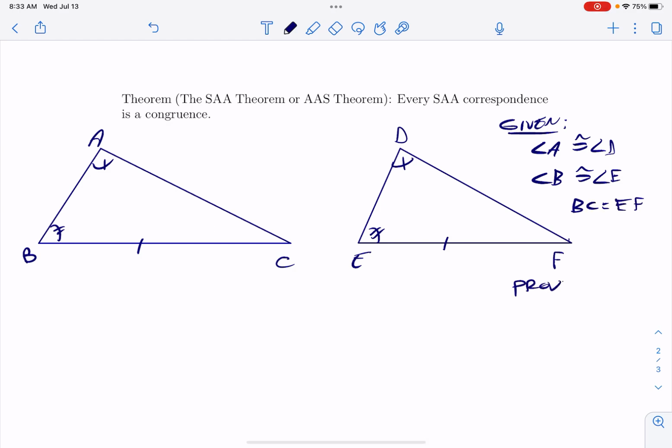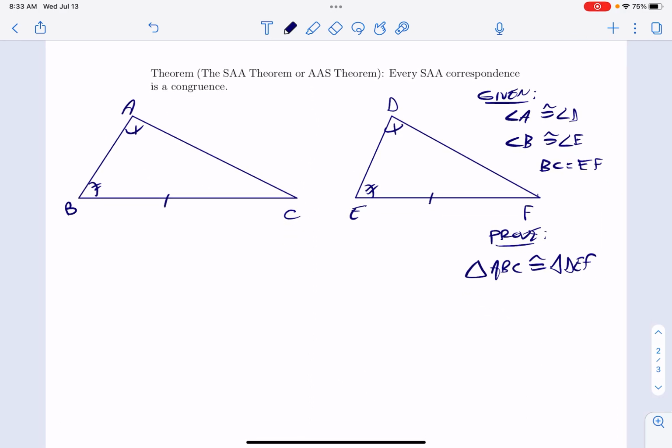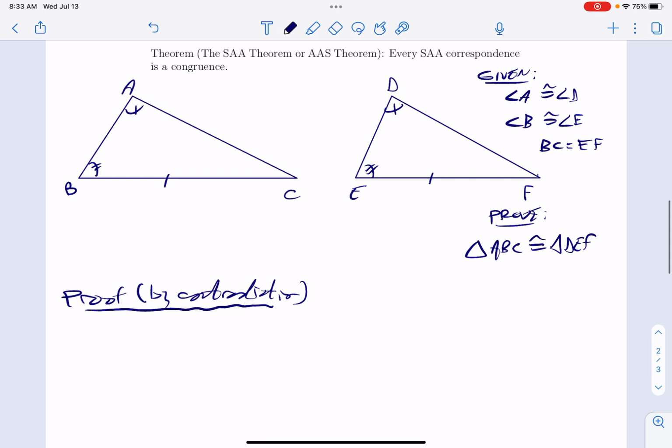What we'll prove here is that the triangles are congruent. So I'm going to do this as a proof by contradiction. Let's suppose they're not congruent.